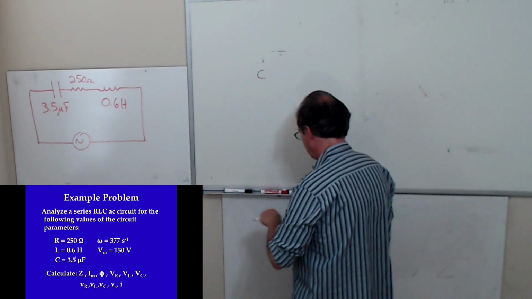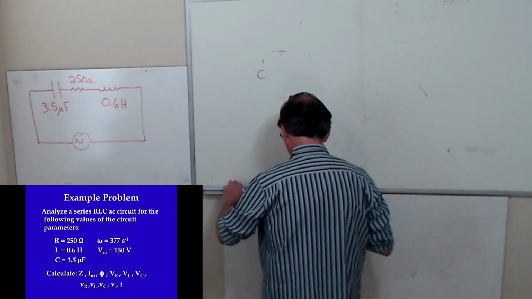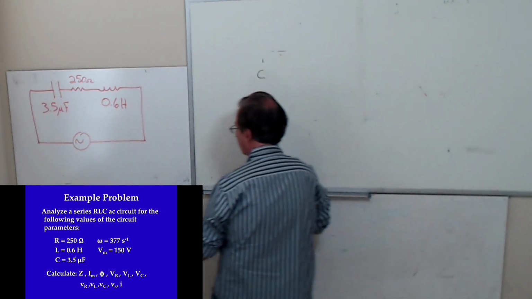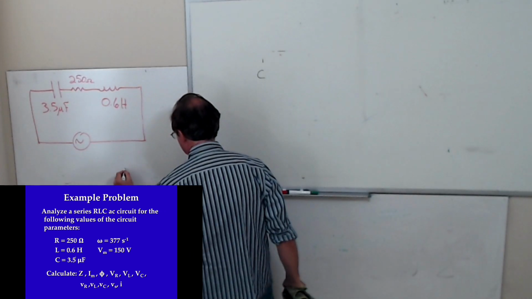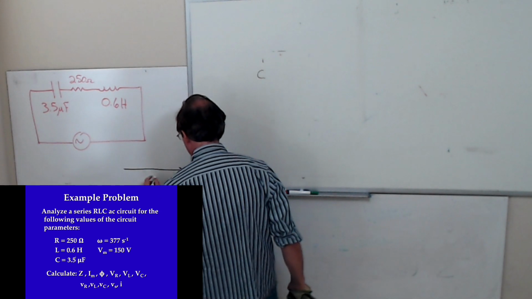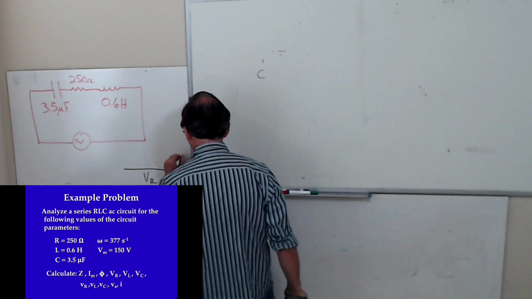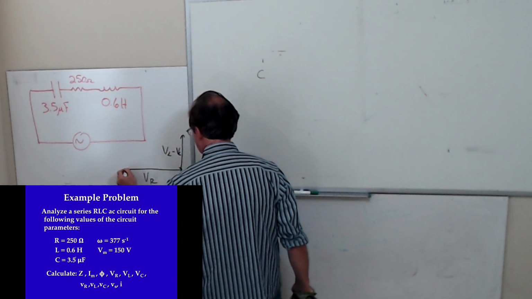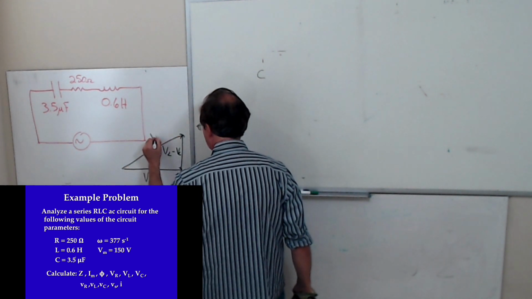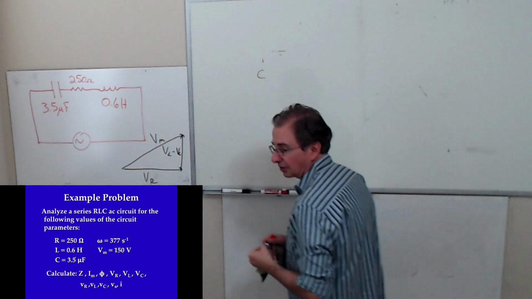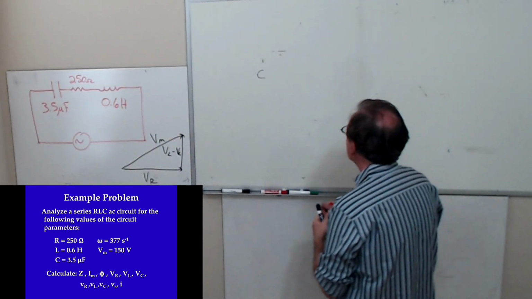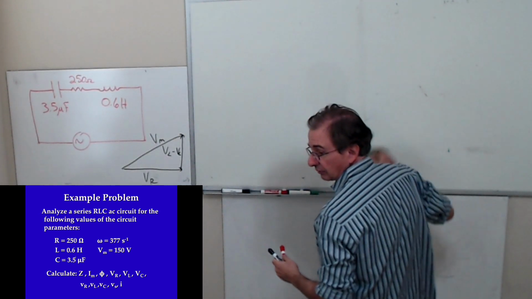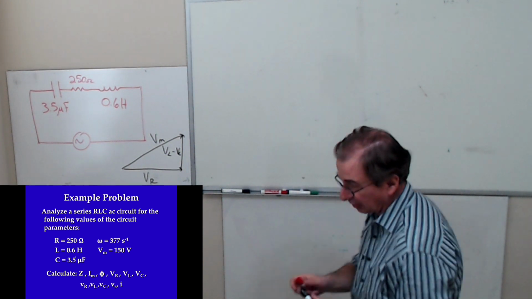And then you want to look at your phasor diagram. I'm just going to draw the triangle. One can immediately calculate a whole bunch of things if we know the frequency. Actually, we know the angular frequency in this case.